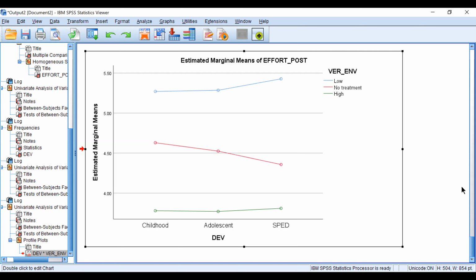And we used that as predictors, and looked at the means for effort at the end of the treatment using profile plots. So those, I hope, will be useful kinds of analyses, and we're done for this session.